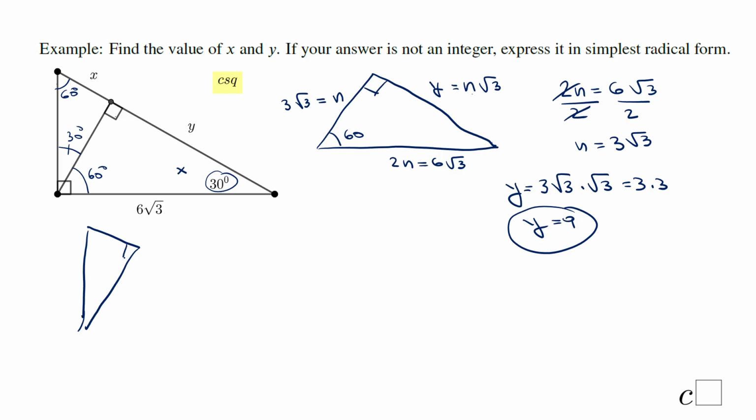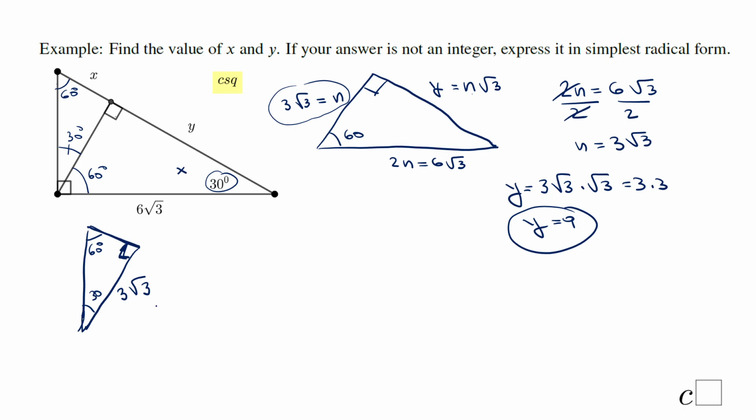Okay, so something like this, and this one, like I said, is 30. This is 60. We have this leg, which is right here, the same as this one. It's 3 square root of 3.